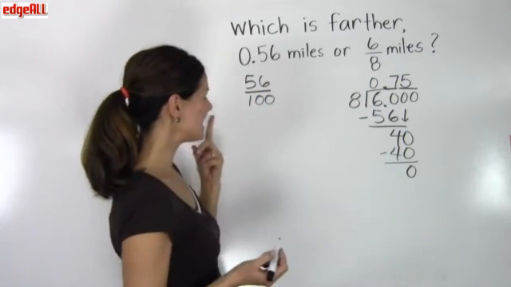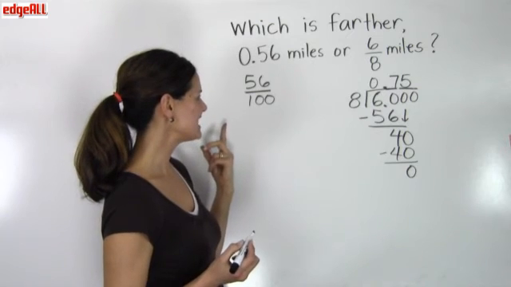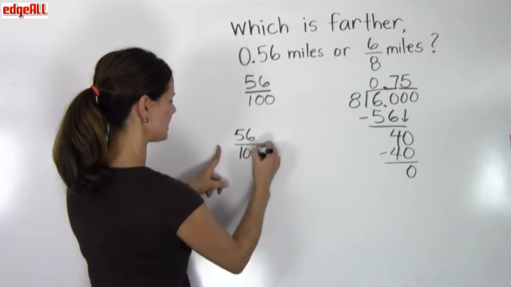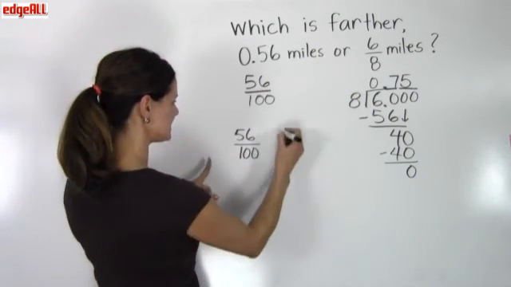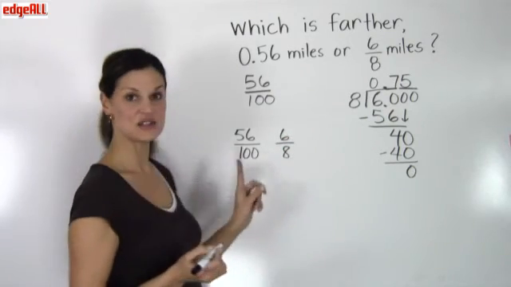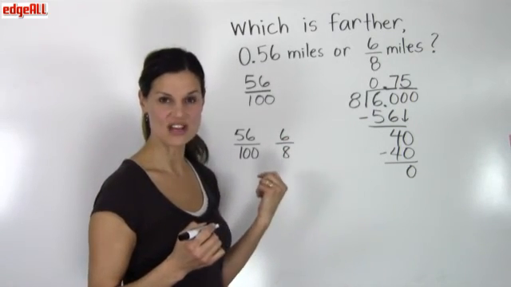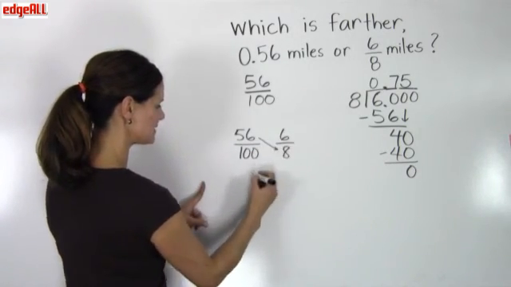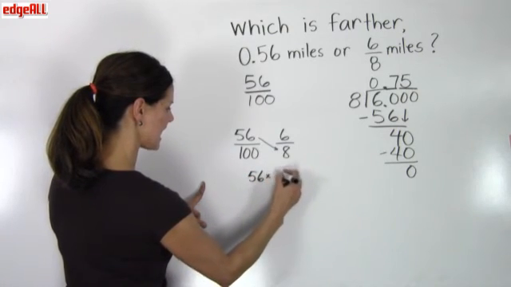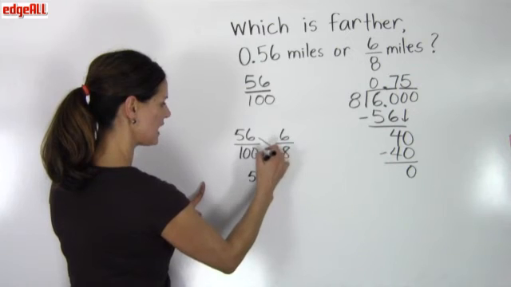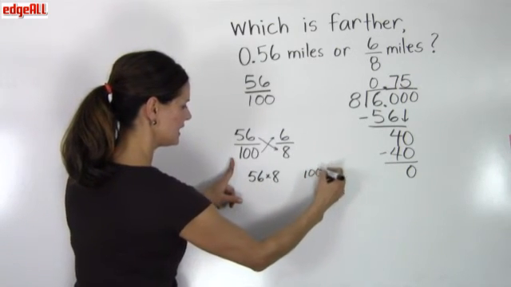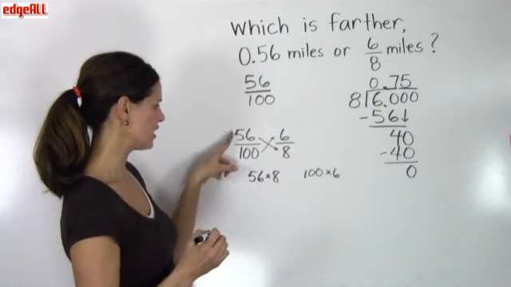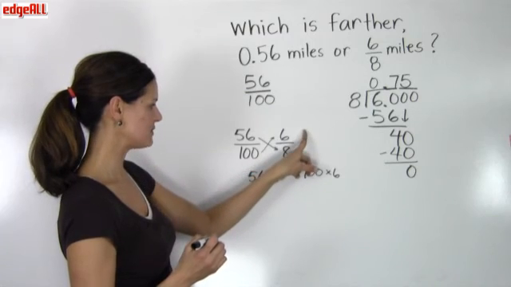If I want to look at another example of doing this, I could take the technique where I line up my 56 over 100 and my 6 over 8, and I do the cross multiply check to see which one of my fractions is larger. So I can multiply 56 times 8, compared to 100 times 6.